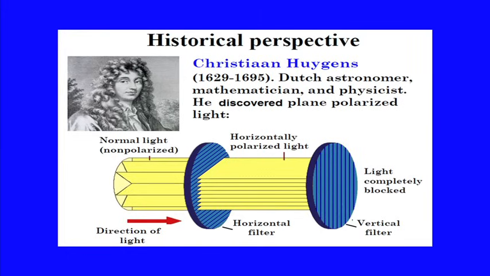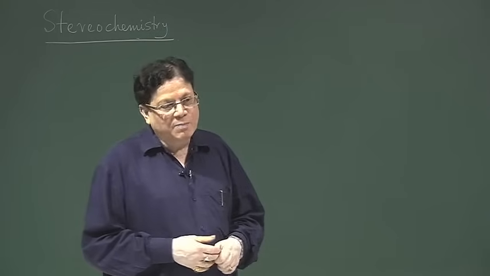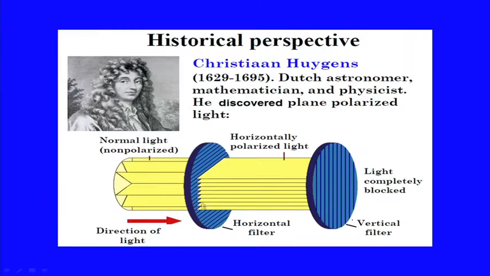Now, it all started with the property of light, which we know is electromagnetic. It is an electromagnetic wave. So, there are two vectors, an electrical vector, electrical wave, and a magnetic vector, a magnetic wave, and both are perpendicular to each other. Now, if you consider only the electric vector, what happens in normal light, the electrical wave vibrations are taking place in all directions that is possible around a point.